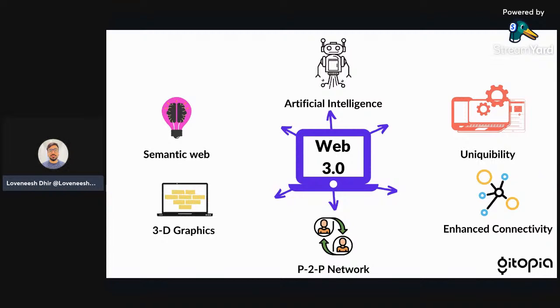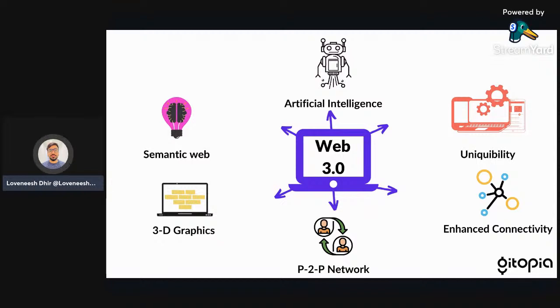So basically we also have a question by, I forgot the name, just a second, let me check, by Paras, that what is semantic web. Okay. So basically Web3 is also, as already told, referred as semantic web.